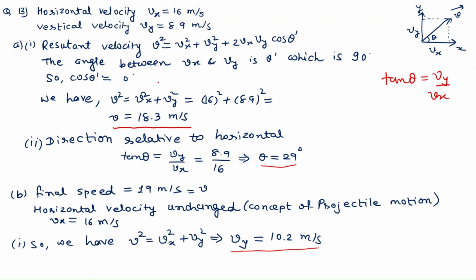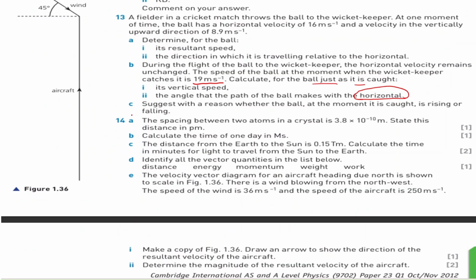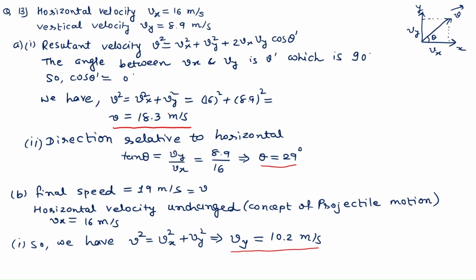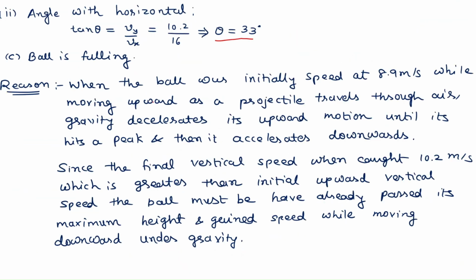Now, in the C section, suggest with a reason whether the ball at the moment it is caught is rising or falling. So, in that we have to say either the ball is falling or rising when it is caught by the fielder. Now, in the C, the ball is falling.